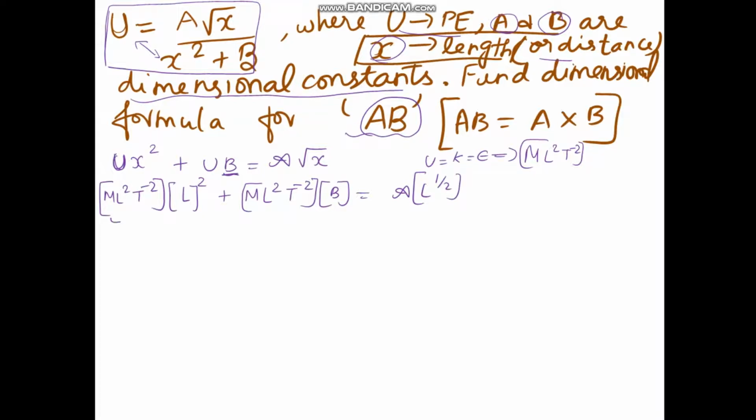Since all these terms must have the same dimensional formula according to the rules, we are equating: M L power 4 t power minus 2 plus M L square t power minus 2 into B, that is equal to A into L power 1 by 2.